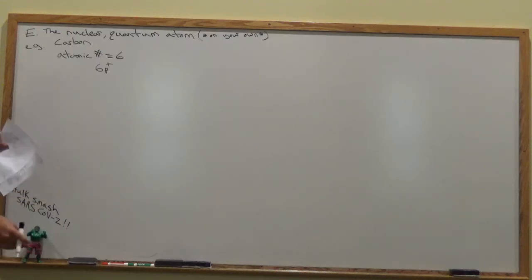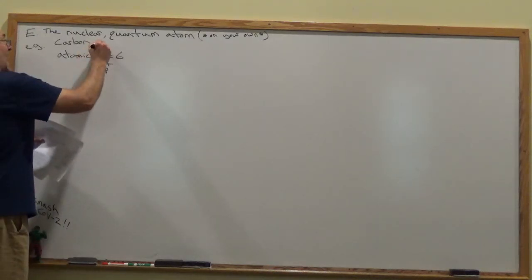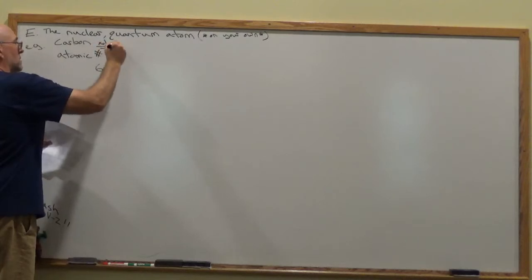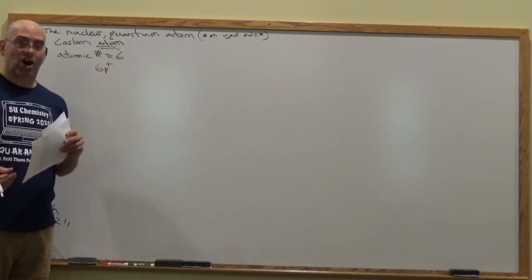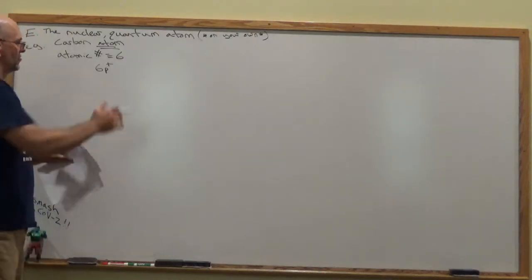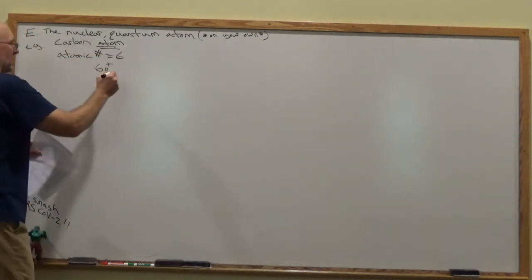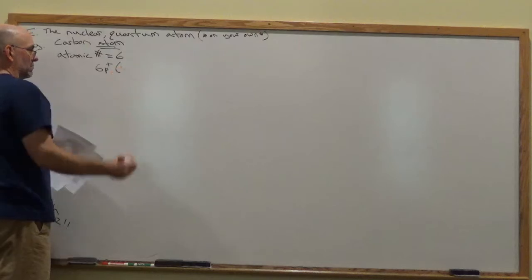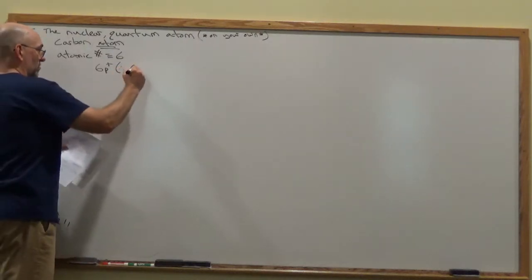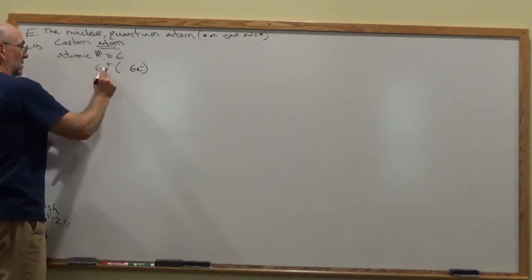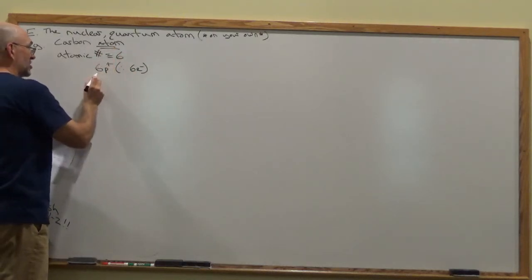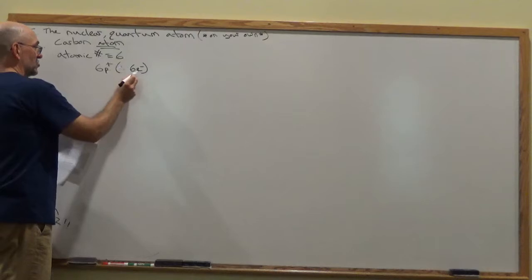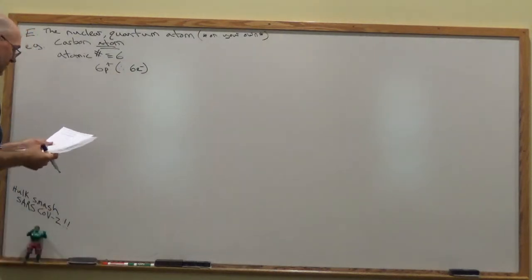Because we're talking about a carbon atom, not a carbon ion that has a charge, it's neutral. So, therefore, we also have 6 electrons. The pluses and the minuses have to be equal in a neutral atom. So we have 6 protons by definition of the atomic number, and because it's a neutral atom, we have 6 electrons. Excellent.